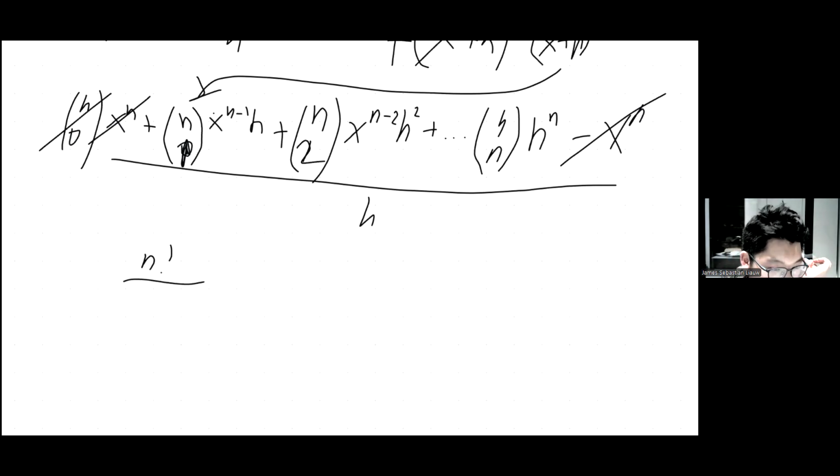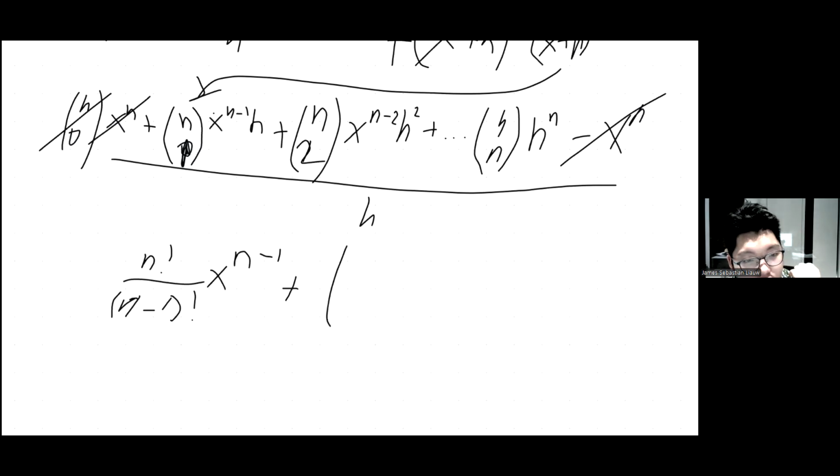nC1, right? The binomial term here would be n factorial over n minus 1 factorial times 1 factorial, times x power n minus 1. Well, h and h cancel out, right?